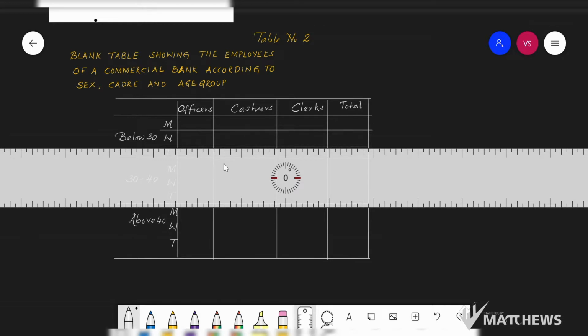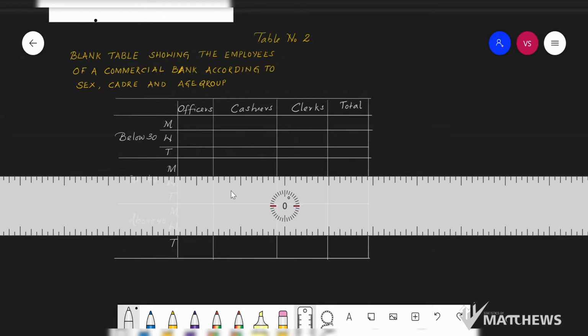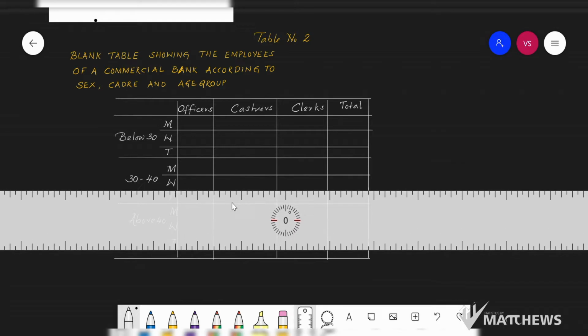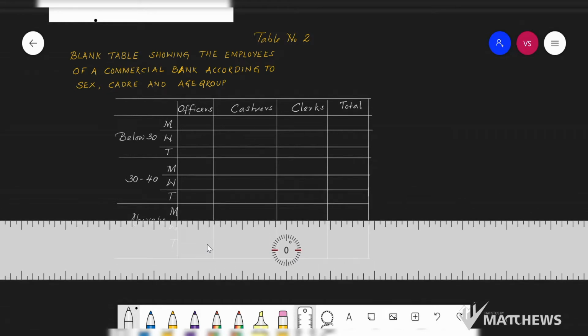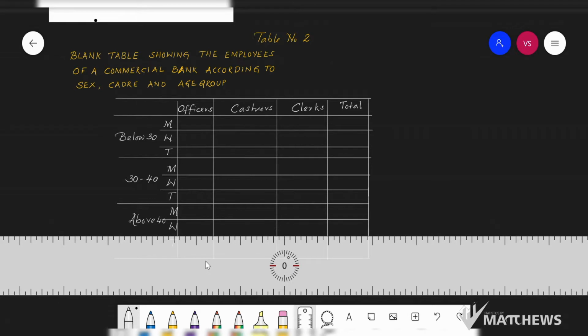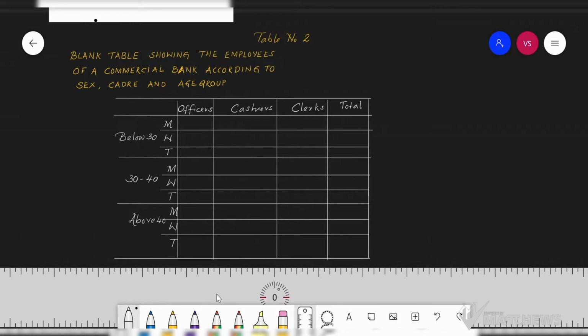Automatically, the last one is the total. The next is men, the next is women, the next is by default total. For the last row it would be men here, right? Then we have women for above 40, and the last one is by default total.